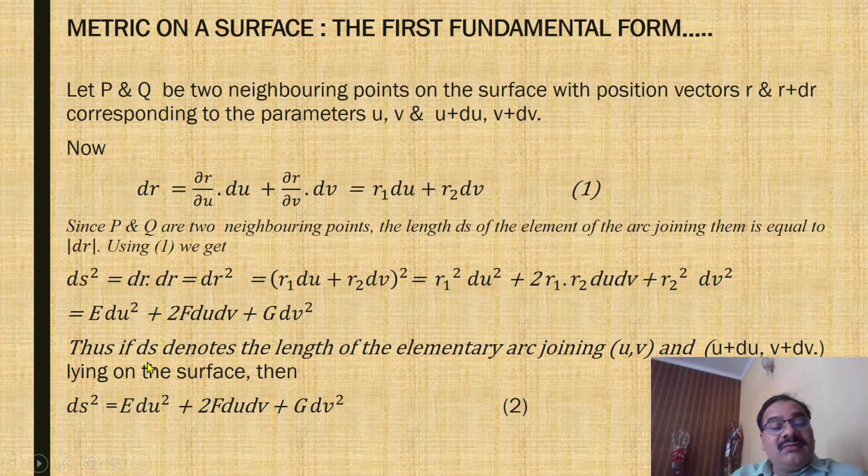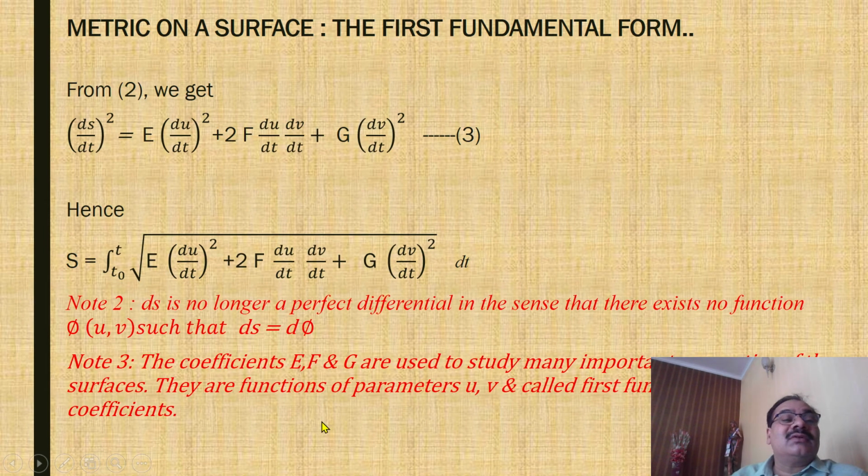It means if ds denotes the length of the elementary arc joining (u, v) and (u + du, v + dv), both neighboring points lying on the surface, then we have already established that ds² = E du² + 2F du dv + G dv², which is equation number 2.